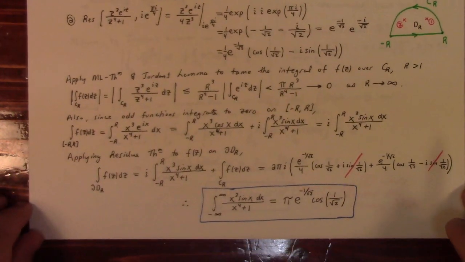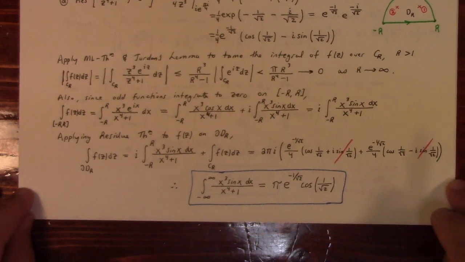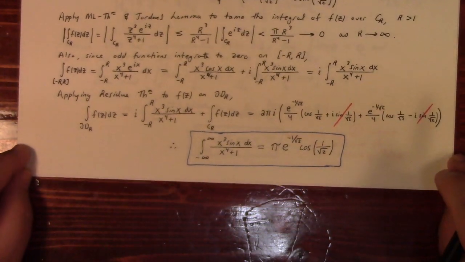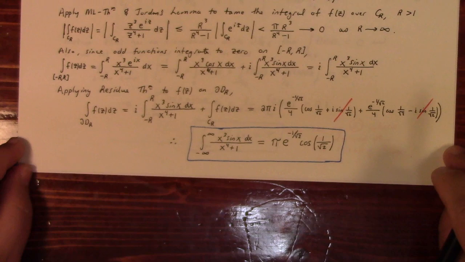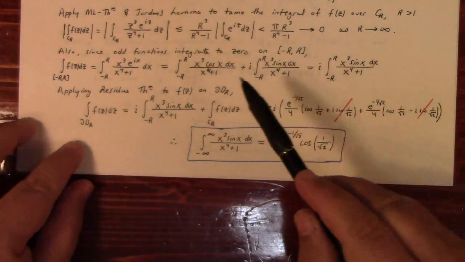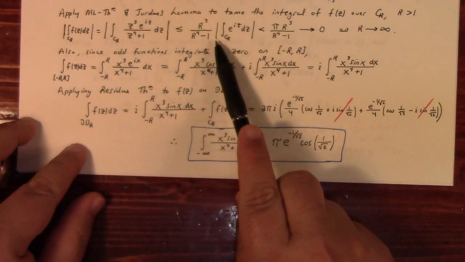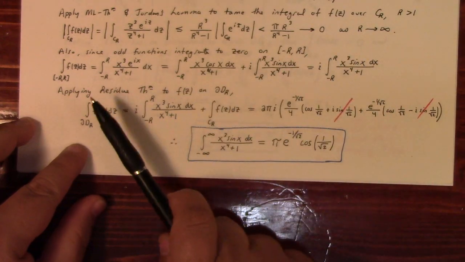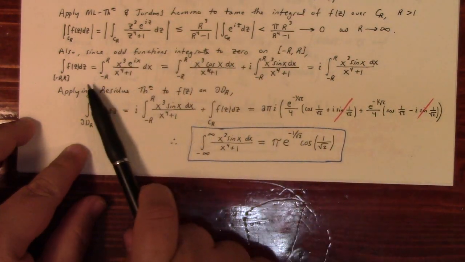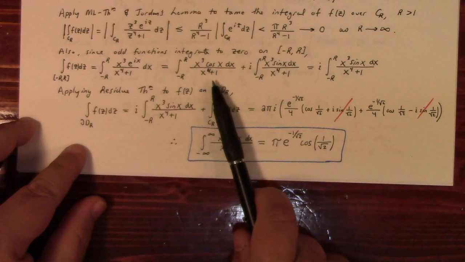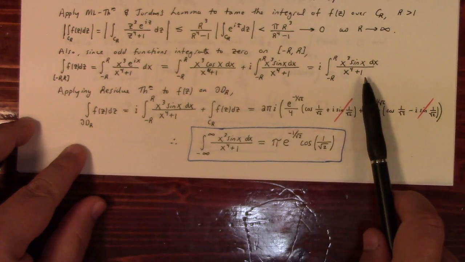So apply the ML theorem and Jordan's lemma over the half circle, and we get that the half circle goes to 0, and again, since odd functions integrate to 0, this just leaves us the sine piece.